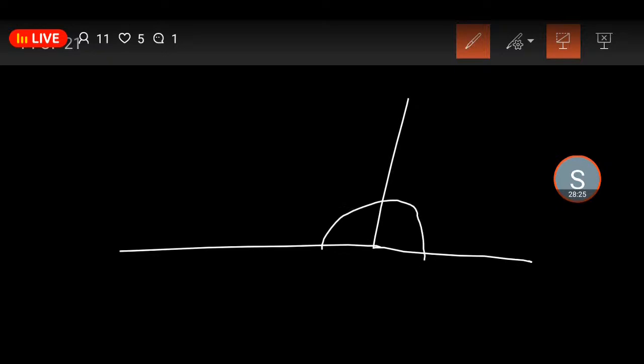Yeah, and I was saying this, right? This, and the total is 180 degree, it becomes a straight line. And if you take 180 degree, this is 90. If you take a perpendicular, it will become 90.